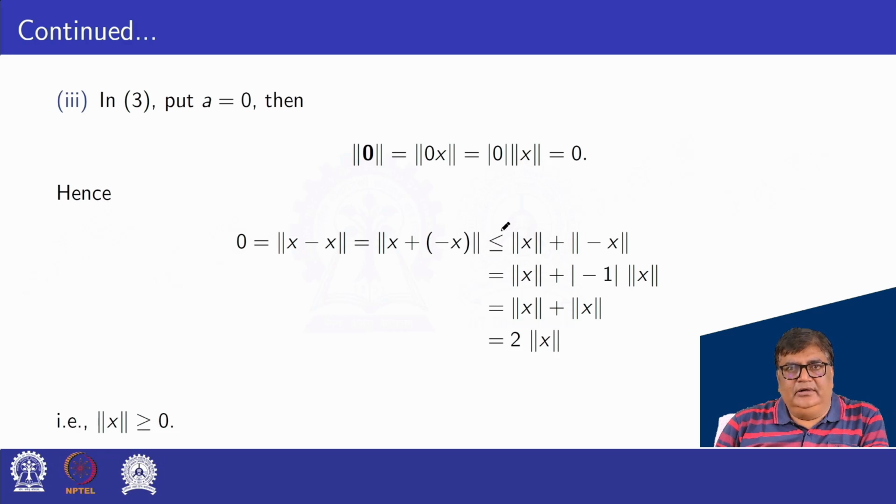So here 0 is less than or equal to 2‖x‖. Therefore ‖x‖ is greater than or equal to 0. So the norm is always a positive value or 0.